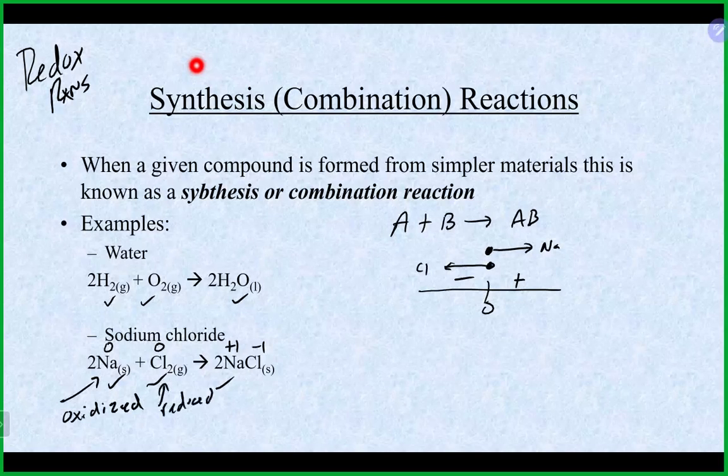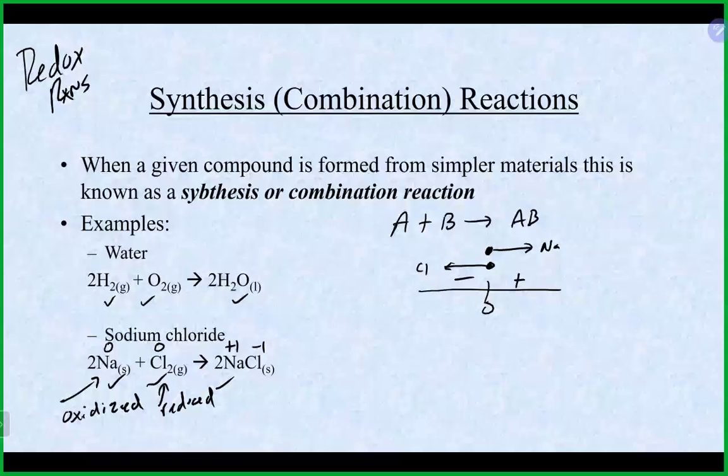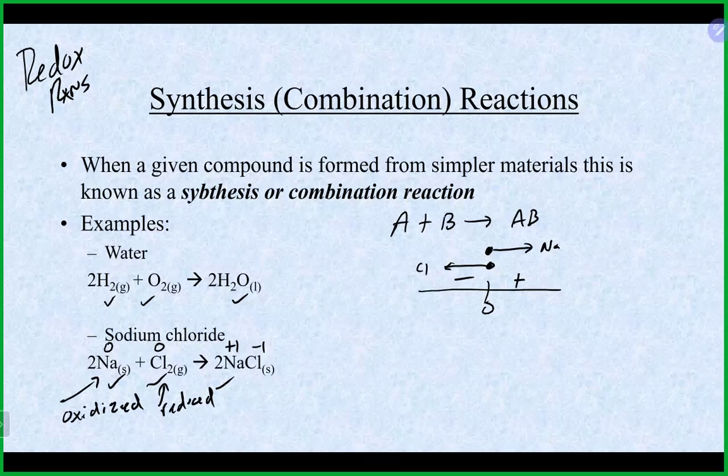So although it can be more specifically classified as a synthesis or combination reaction, ultimately what's still happening here is a redox reaction. There's still electrons being transferred. I will say that most of the time people would probably classify this as a synthesis or combination rather than just a redox reaction. A lot of times people take the more specific classifications, but you could absolutely classify it as a redox reaction.